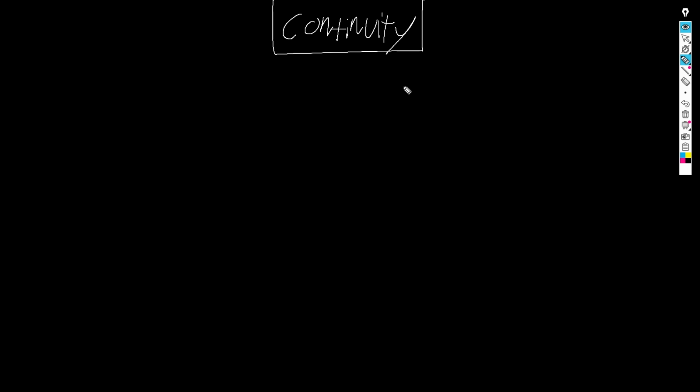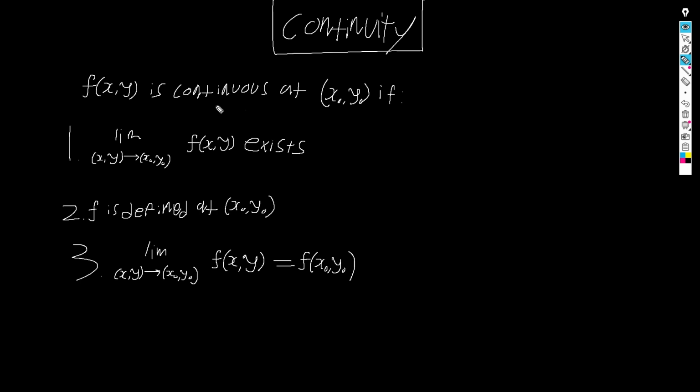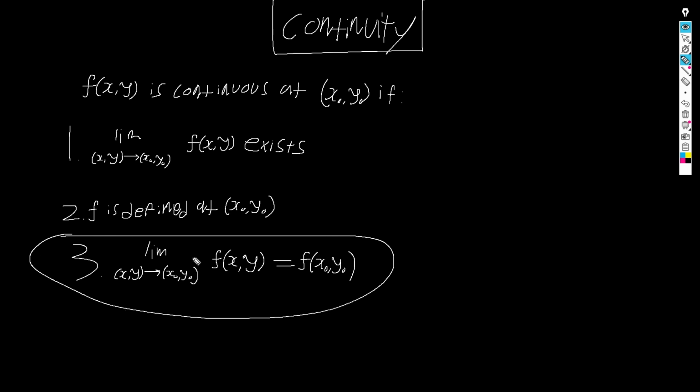Anyway, it's just the same how we defined it in single variable. We say that a function f is continuous at a point x naught, y naught if 1, the limit as x, y approaches x naught, y naught of f exists, 2, if f is defined at x naught, y naught, and 3, the big main one, is that this limit is equal to f of x naught, y naught.